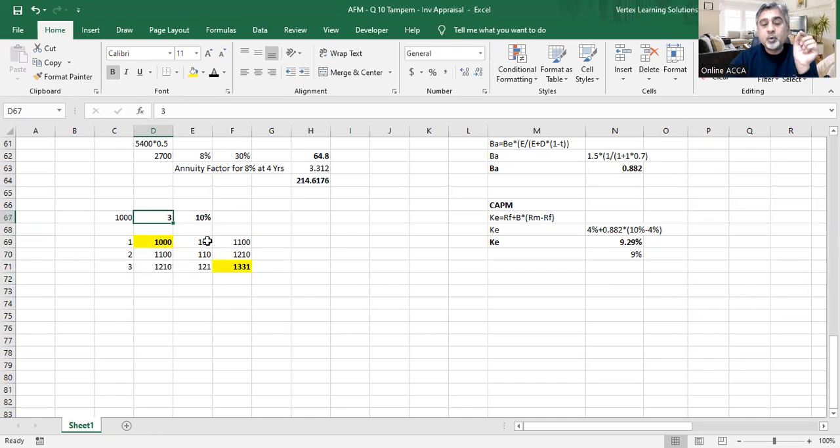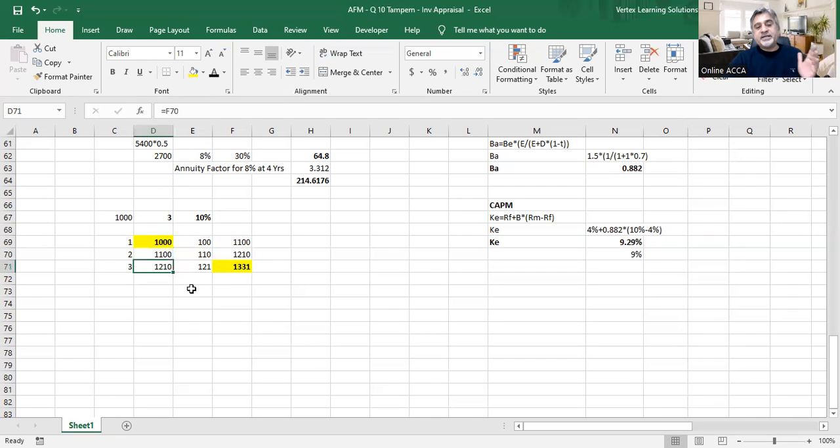What are we doing? Whatever we generated, $100 at the end of the year, the very next morning it was invested, and your 1,100 started generating profit the same day, and therefore you get 110 in the next year.